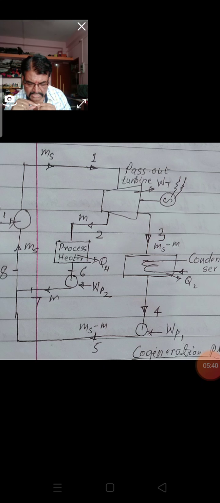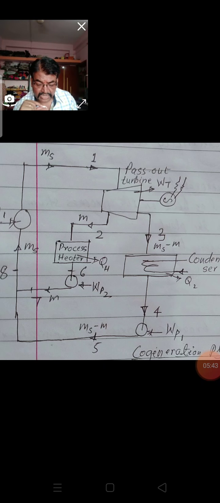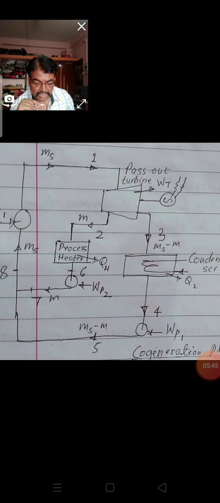Since the condenser is used, the efficiency of the cycle is higher, and the steam extracted has a much higher pressure and higher temperature. Figure B shows the flow diagram of this type.